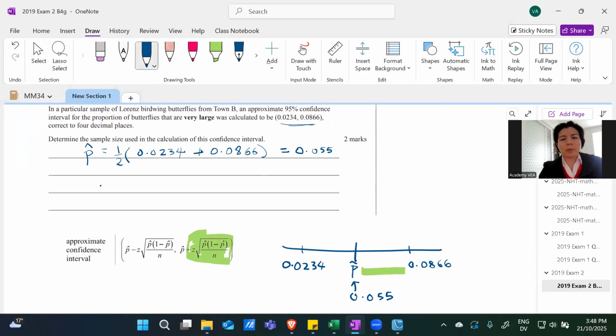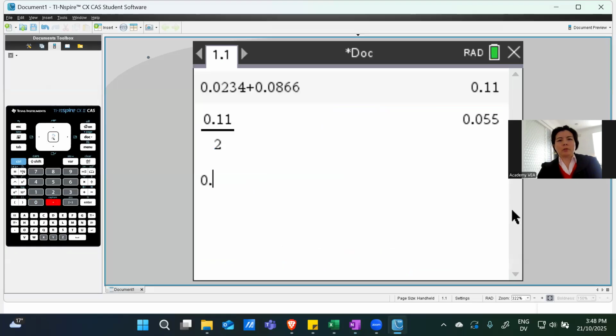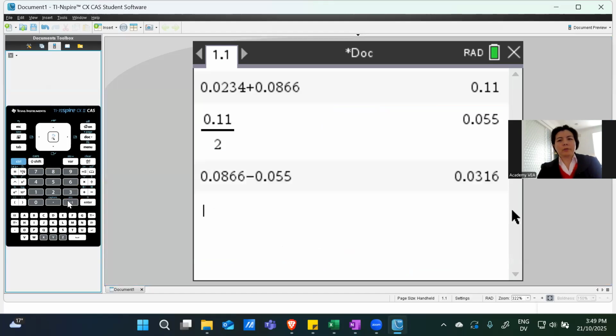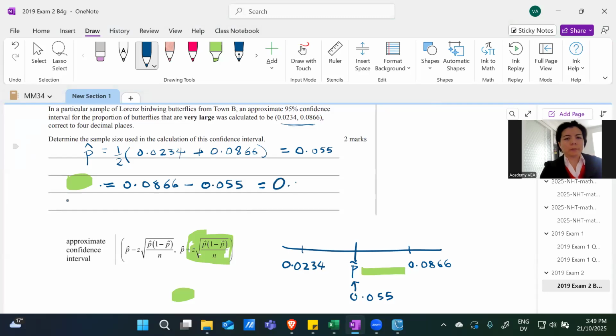So you know the gap has to be the difference between the larger number, 0.0866, and the middle value, which is the proportion, 0.055. And that works out to be 0.0866 take away our previous answer, which is 0.0316.